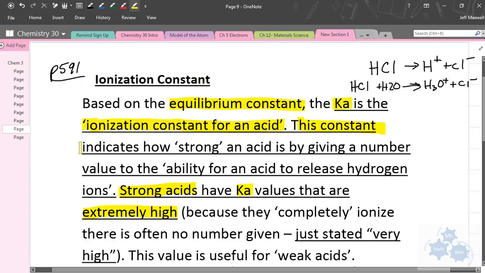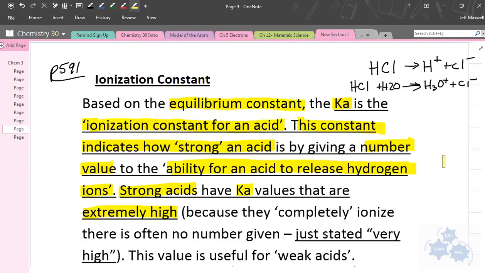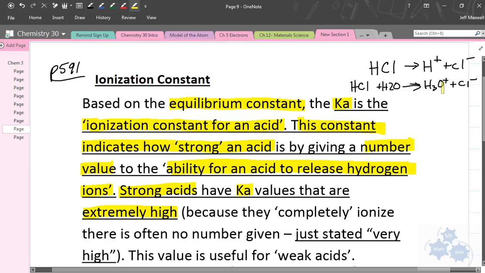So the constant indicates how strong an acid is by giving a number value, as I mentioned before, for the ability for an acid to release hydrogen ions in solution. So if an acid has a high Ka value, that means it's a strong acid, and it also means that it produces a lot of hydronium ions in solution.